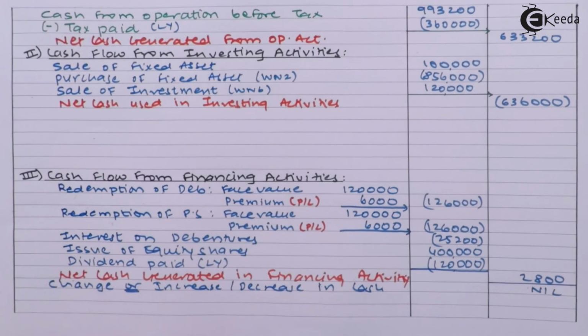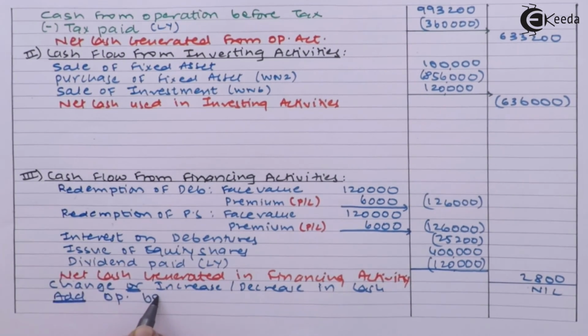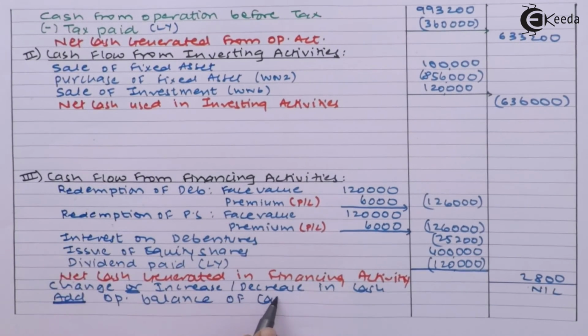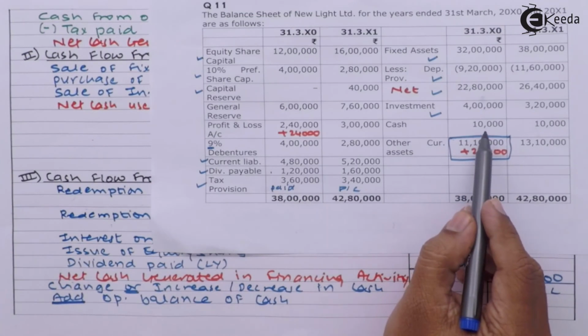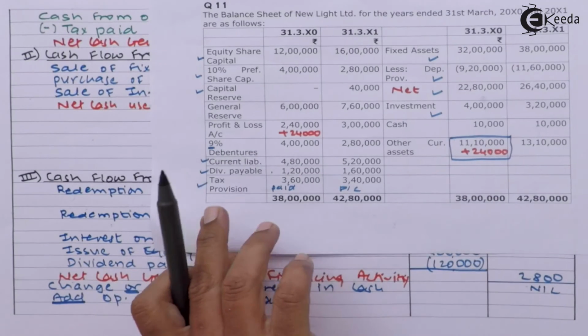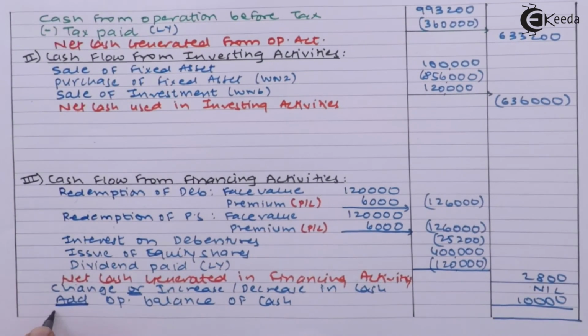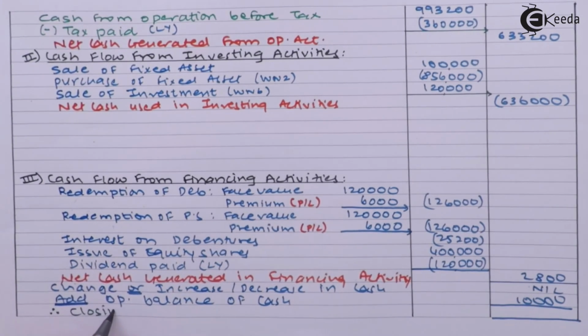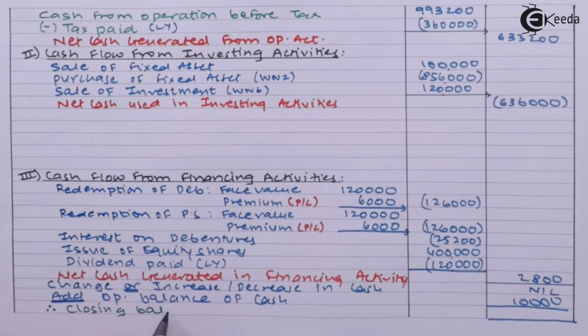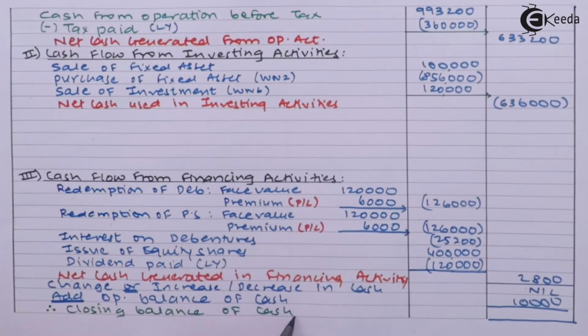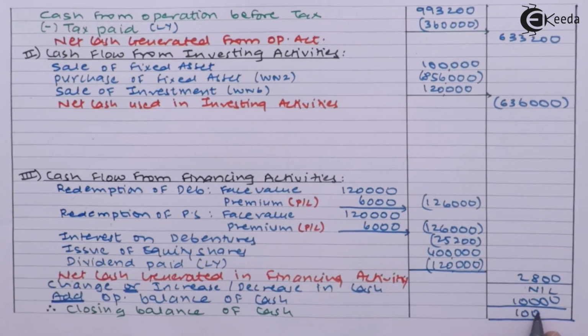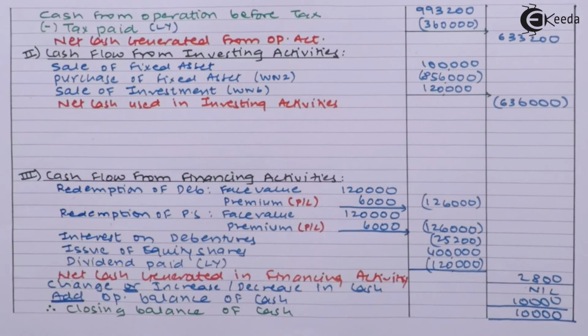In cash, because we have only cash balance, so I am writing cash. To that I will add the opening balance of cash. The opening balance of cash is 10,000, so I am adding that. The closing balance of cash also will be 10,000.